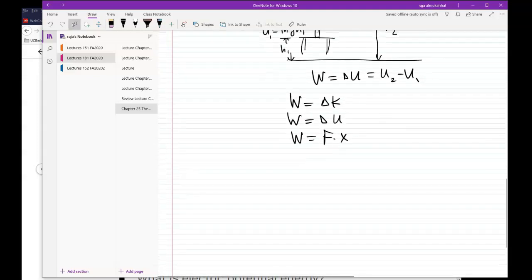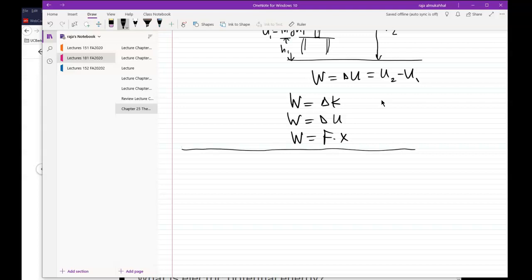Now, like I said, we have a similar situation in electrostatics. Let's say, for example, I have a capacitor. Let's say I have two plates here. Let's assume this is positive, this is negative.